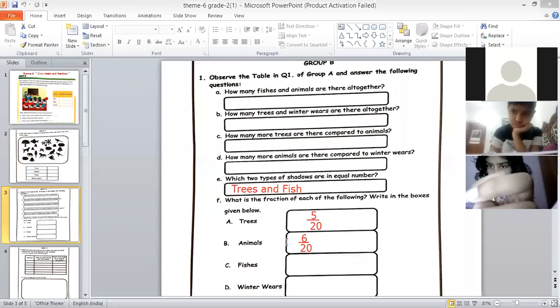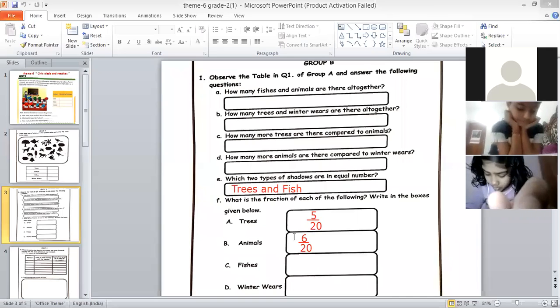Ashrit Rao, unmute yourself. Ashrit, am I audible to you? Hanvika, unmute yourself.